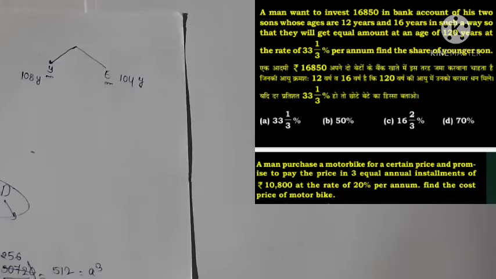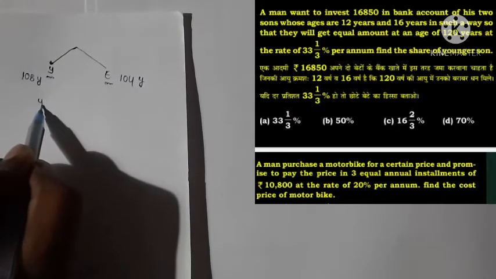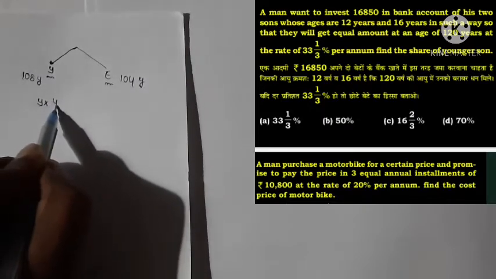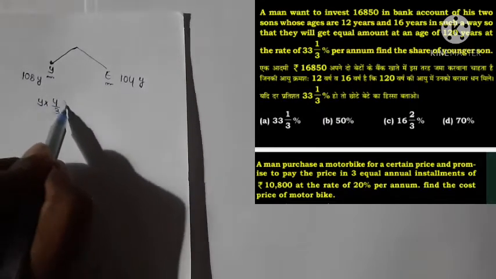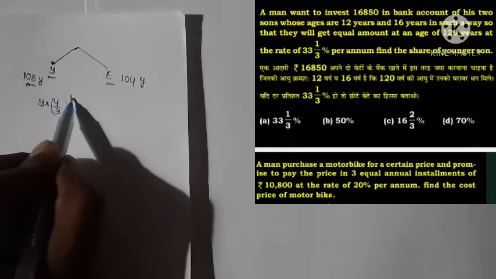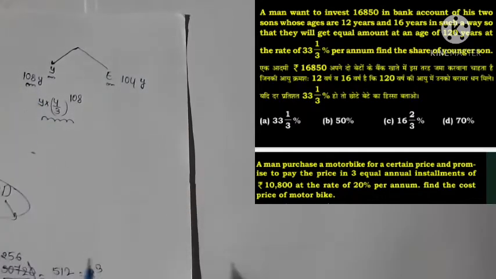They will get equal amount. So amount is the principal, younger son into 4 by 3 whole power t. Here time is 108 years. This is the amount of younger son.